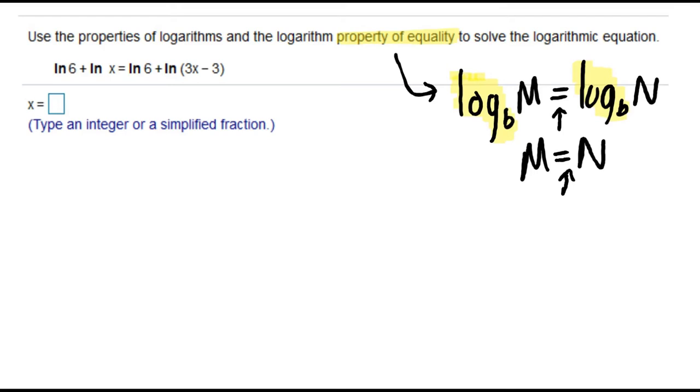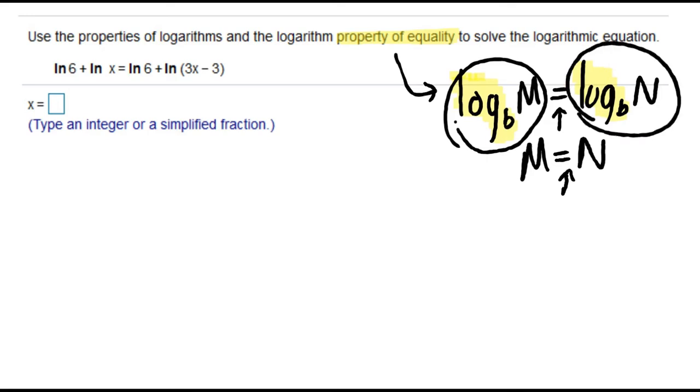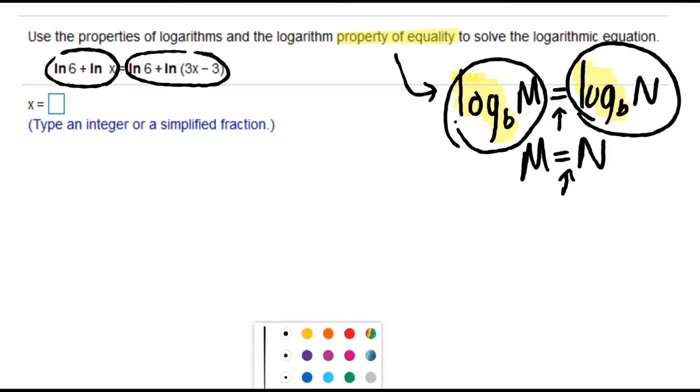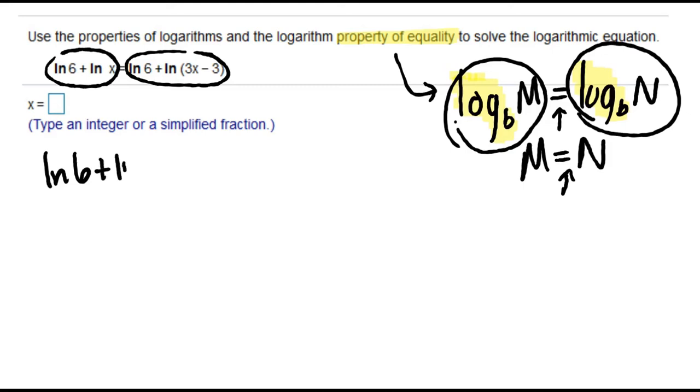In order to do that, I have to have a single log on the left and a single log on the right, which I don't have for my example here. I have 2 logs. But we can use the expanding and condensing properties to condense to a single log. So on the left, I have natural log 6 plus natural log x.